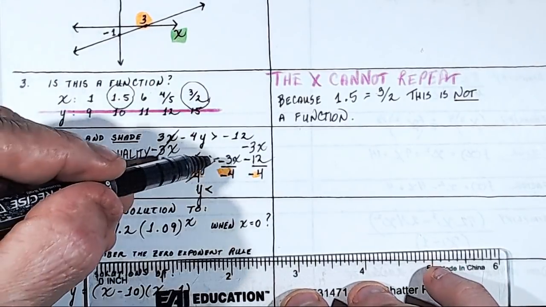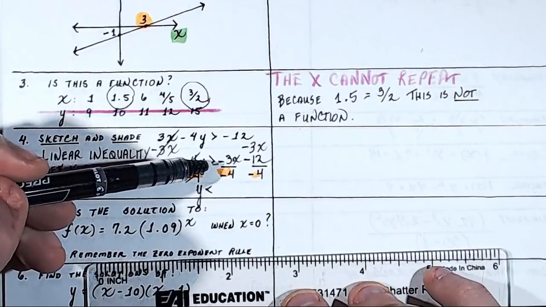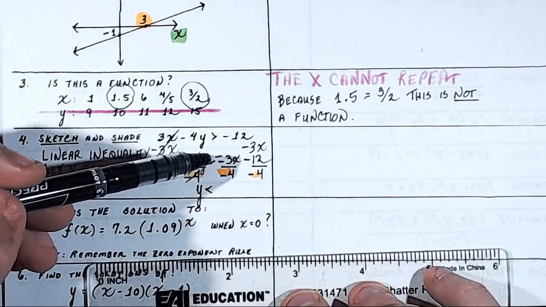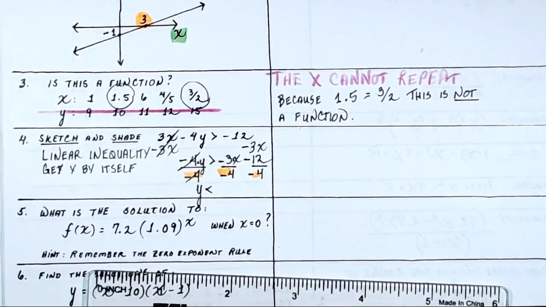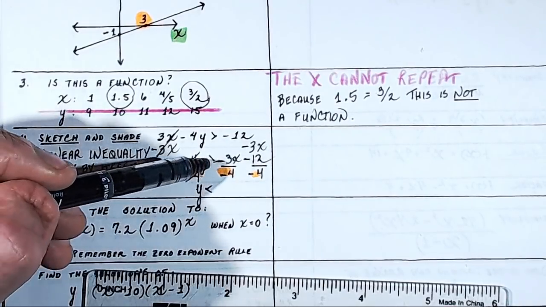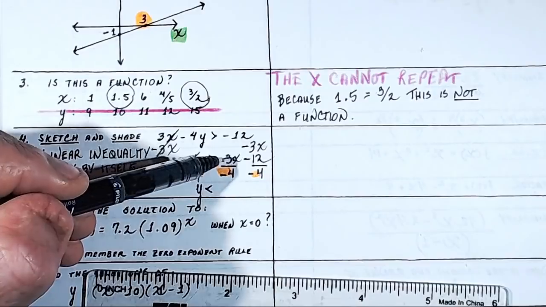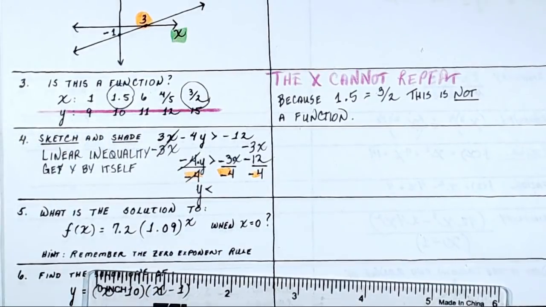And now we have to actually do this division. Here I've got negative 3 times x divided by negative 4. Another way of saying that is negative 3x over 4, or negative 3 over negative 4 times x. So if any of that sounded confusing, all you're going to do is look at this and say, I've got a negative 3 over a negative 4. So they cancel the negatives.